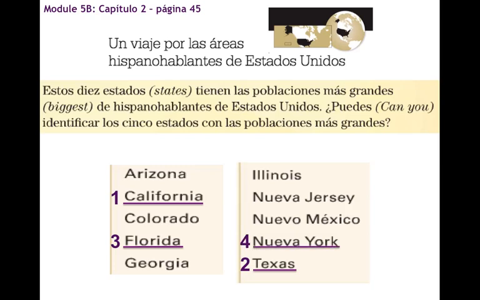Nueva York, especially in la ciudad de Nueva York. And 5 might be una sorpresa, a surprise. Illinois. Why would that be? Think about the major city where there would be a lot of Spanish speakers in Illinois. Of course, that would be Chicago.